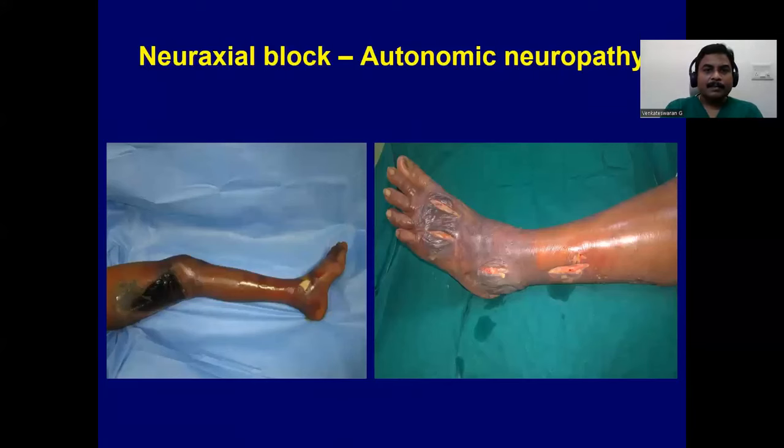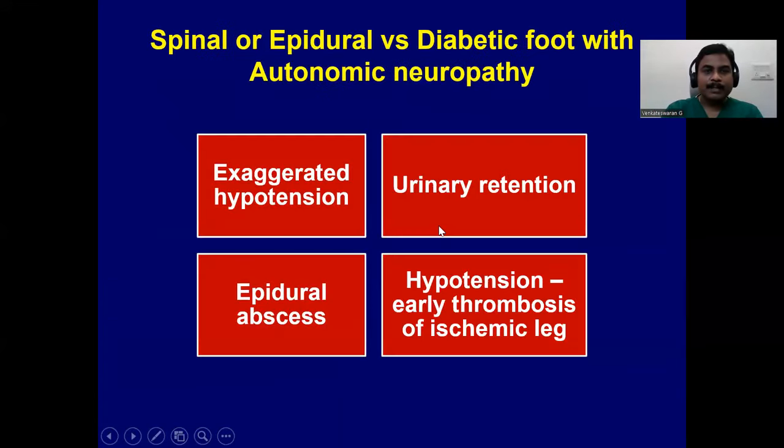These are pictures of patients who have severe diabetic foot with necrotizing fasciitis, presenting with a lot of autonomic neuropathy. When you take them for surgery under neuraxial block in the form of spinal or epidural, these patients end up with exaggerated hypotension because of the persisting severe autonomic neuropathy. They also develop urinary retention under neuraxial block.